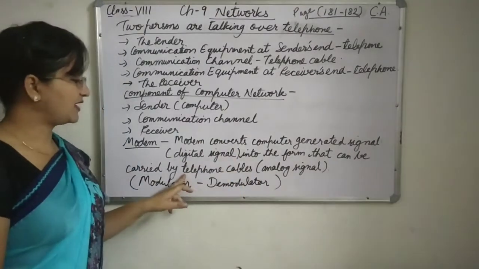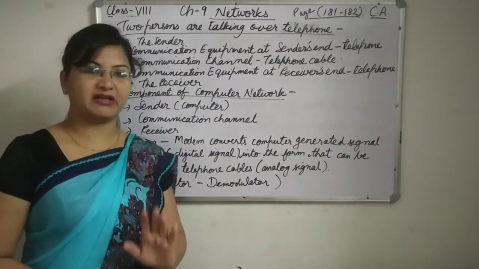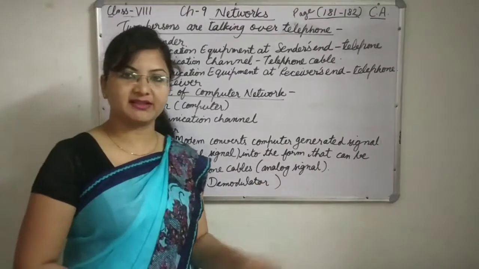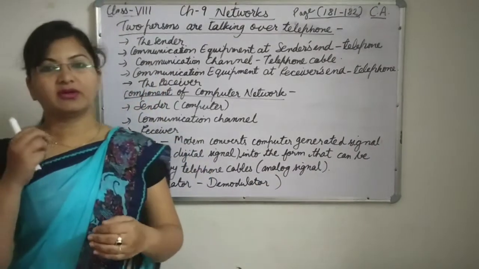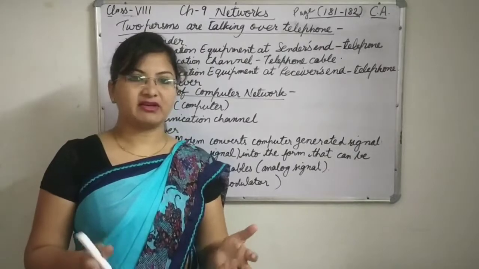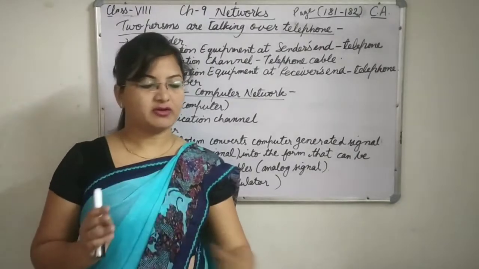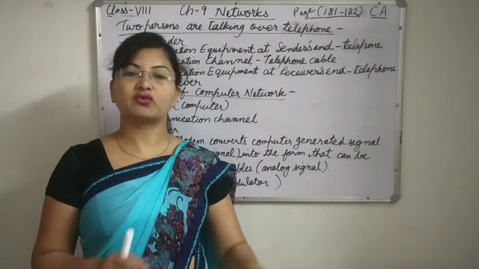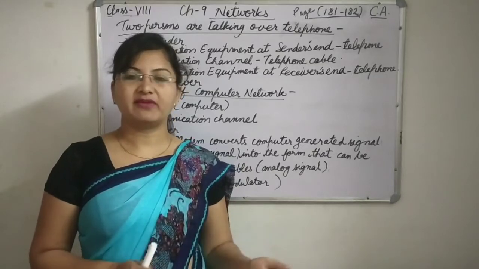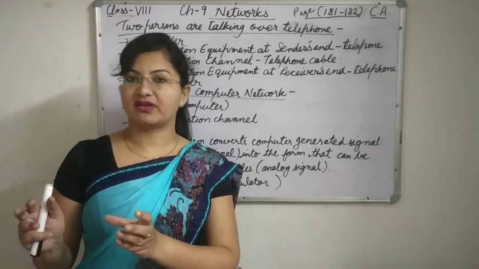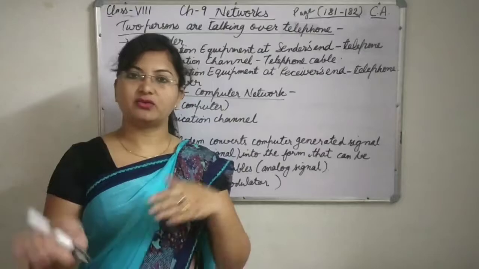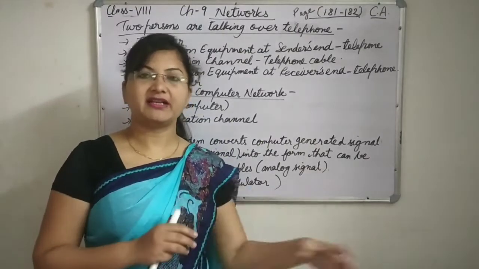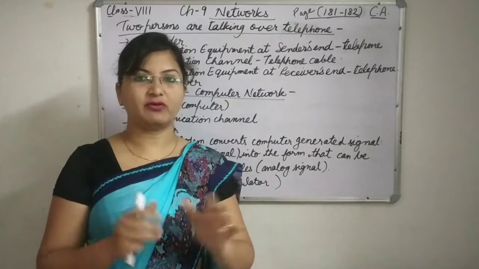Analog signals can be carried over the telephone cables. They are actually electronic signals. Computer understands digital language. That digital language cannot be sent across the telephone network, so we need modem. Modem will convert the computer generated digital signals into the analog signal, and that can be easily carried over the telephone cables.